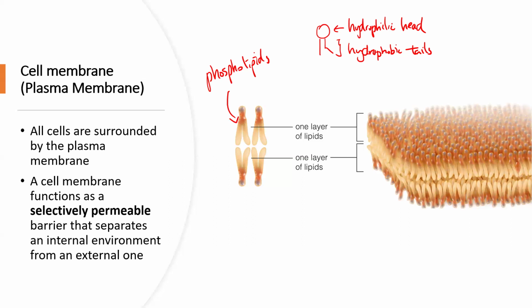Which is what you want, right? You don't want a cell membrane to be completely permeable, because then harmful things can come in. Okay? You want it to be selectively permeable. Keep the harmful stuff outside and keep the nutrients and the resources in the cell. Okay, so it's not like freely swimming back and forth.